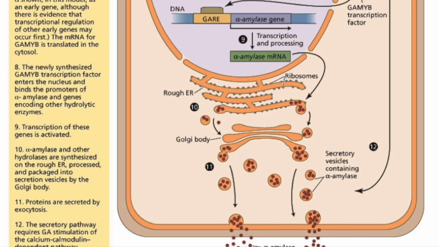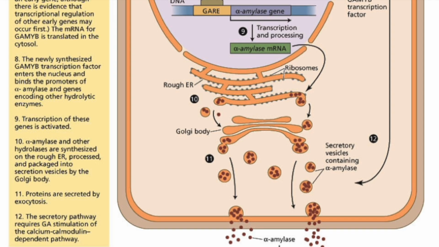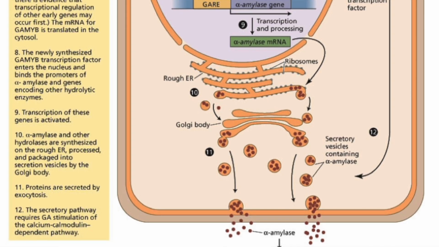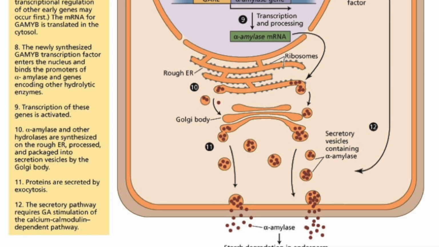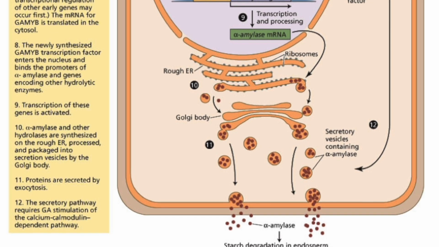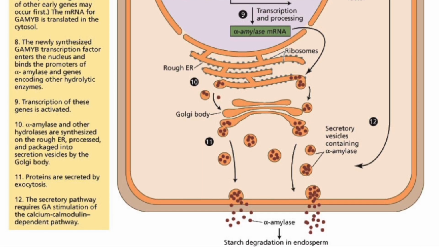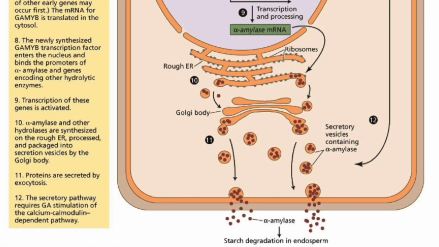These mRNA leave the nucleus, are translated into enzymes on the rough endoplasmic reticulum, and packaged into secretion vesicles by the Golgi body. 11. These proteins are then secreted outside the cell by exocytosis to participate in starch degradation in the endosperm.